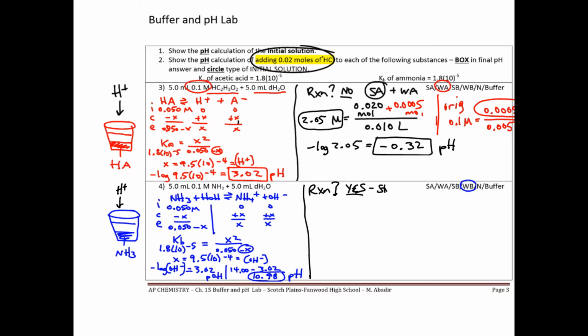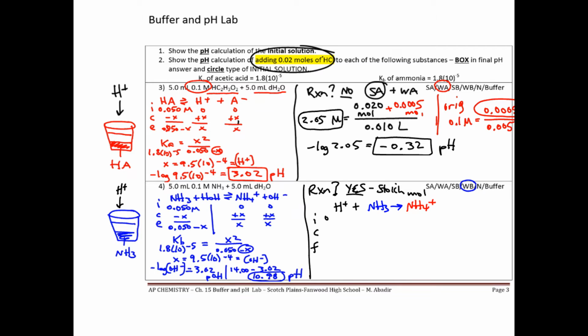So I do stoich in moles. All right, so let's write the stoich reaction. We're going to take this H plus that we just added, put it together with the NH3 that was already there, and make NH4 plus. So we're going to do ICF.